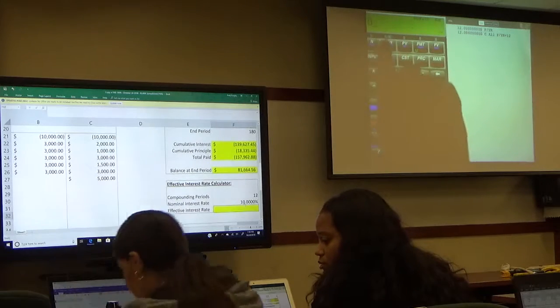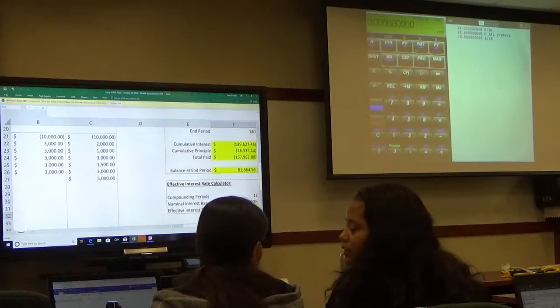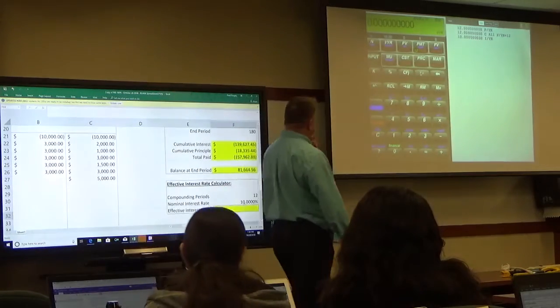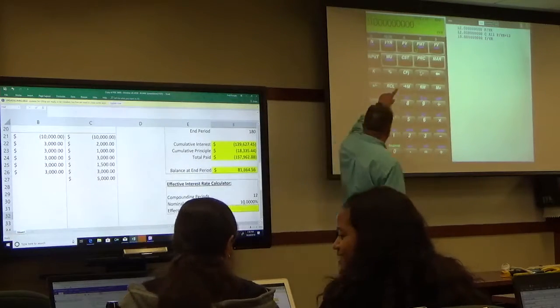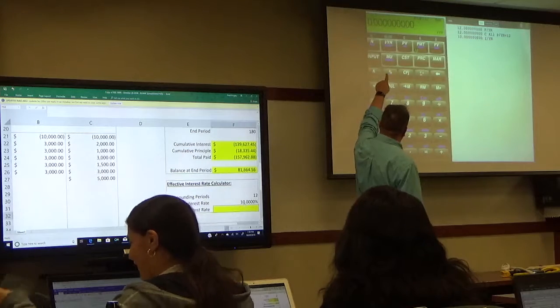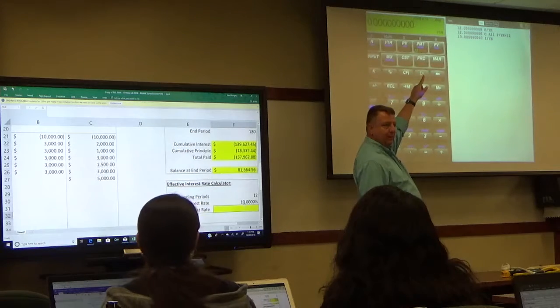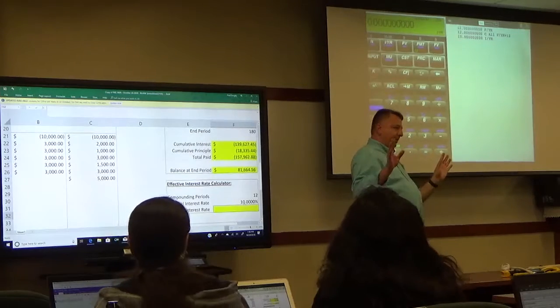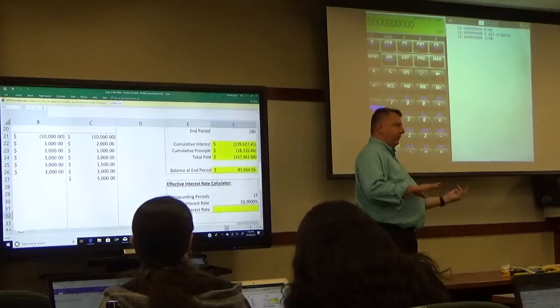You can enter it as simply 10 and hit the interest rate key, and in this one instance, what is below the interest rate key, where it says nom%, is one and the same. So you don't have to push shift.